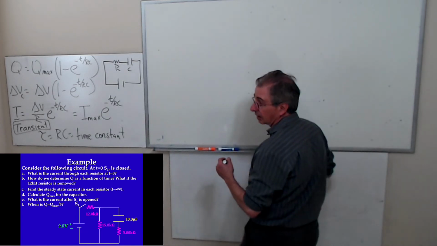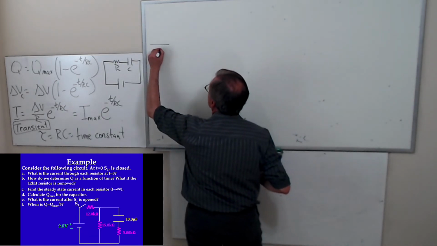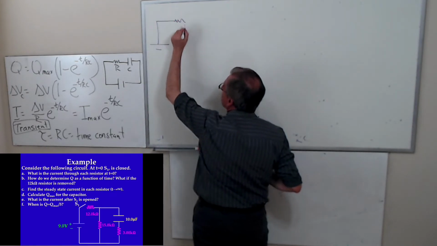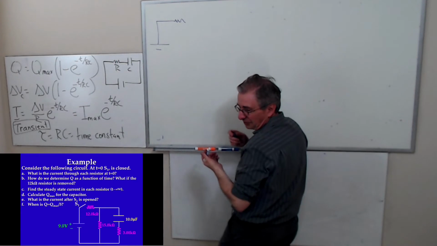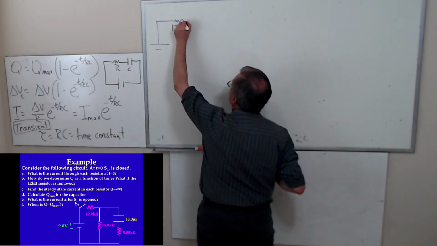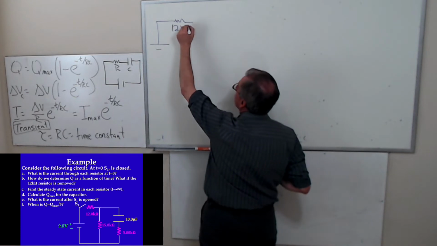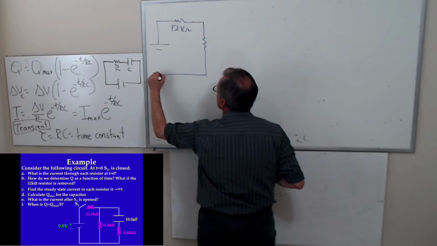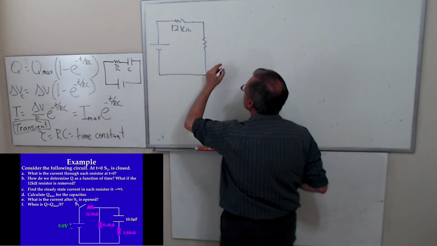Okay, so I'm going to draw with the switch closed, so you can't see it, it almost acts like you can't see it, okay? And I've got to save space, so I'm going to make things a little bit more compacted. And if you can't see something, just let me know.